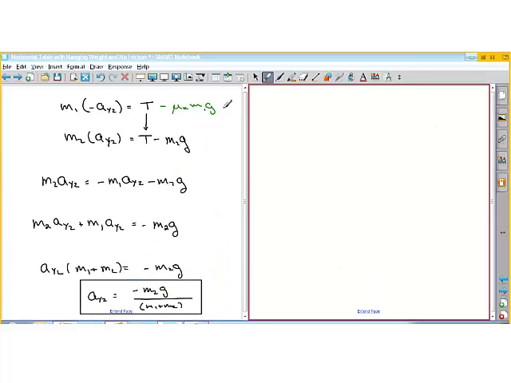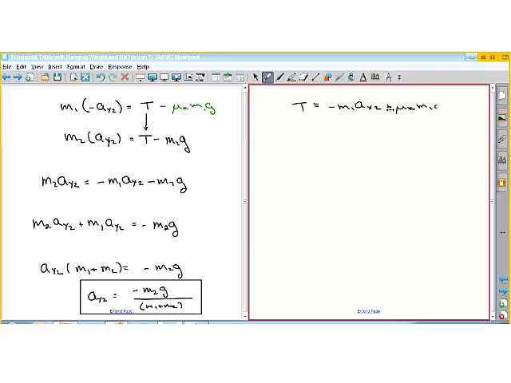So I have two equations and two unknowns. The two unknowns are the tension and deceleration. What I did previously is I just said, okay, T is equal to this, and then I plugged that in there. So what I've got over here is I'm going to have to solve for T. So I'm going to have negative m1 a sub y2, and then I'm going to have plus mu sub k m1 times g.